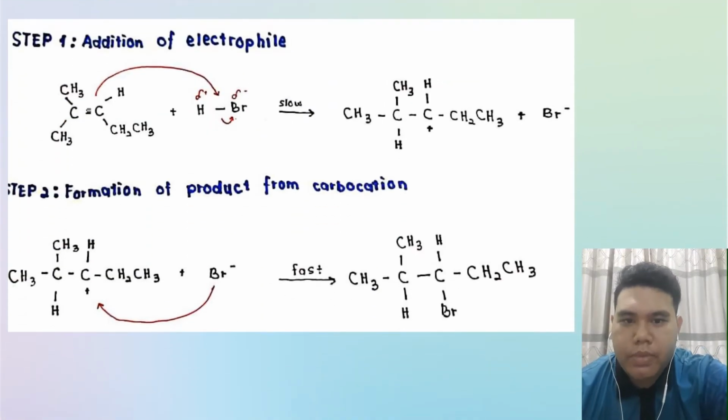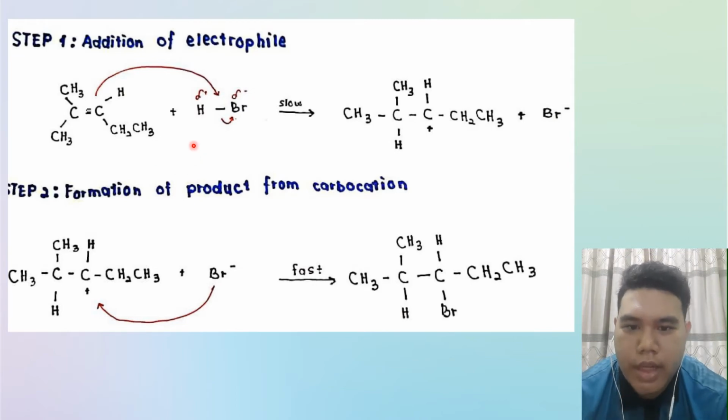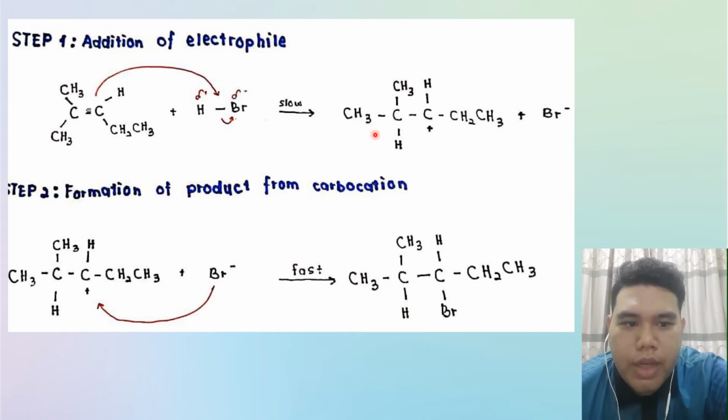We have two steps to determine the major product. Step one, addition of electrophile: when 2-methylpentene reacts with HBr in the slow reaction, the double bond disappears and it produces a carbocation plus bromide.